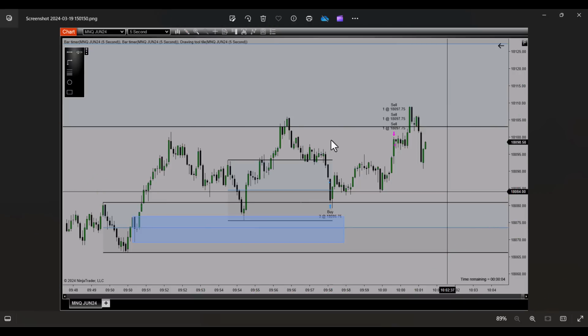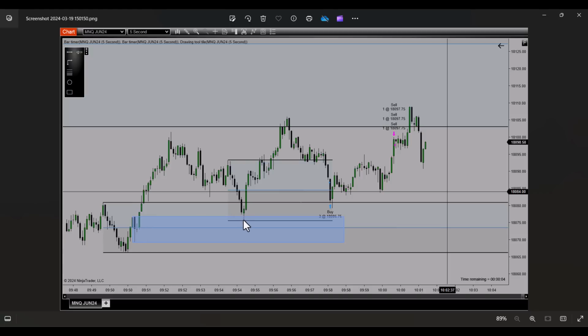Here, as you can see, we have another zone on the 1 minute time frame, right? And don't worry, again, I'm going to show you examples with both the 1 minute and the 5 second later in the video. Here we have this low, and this is the high that created this low. What happens next is that price broke structure to here, then returned back to the area, back to the SNDR.